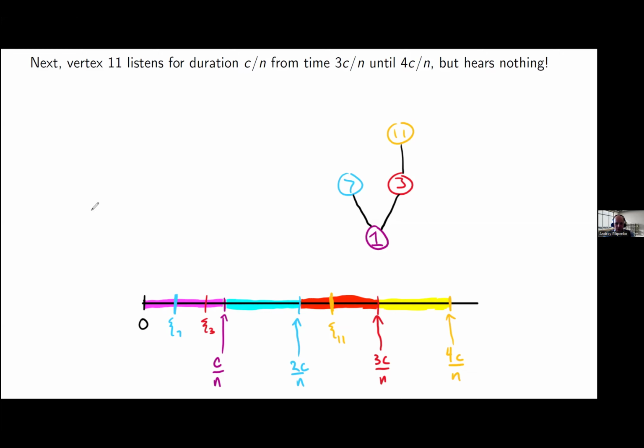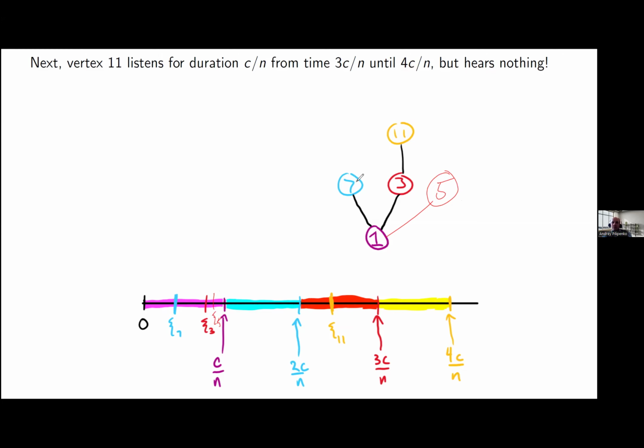Yes. So in your example, let me just annotate this to make it a little bit more clear. If we heard vertex 5 as well, we would add an edge between 1 and 5.